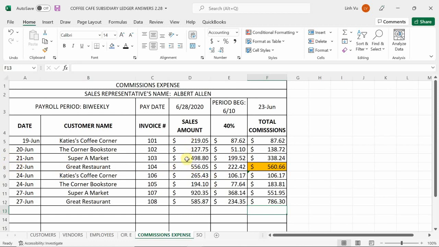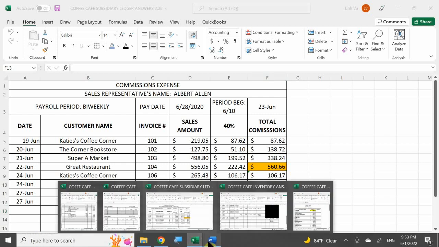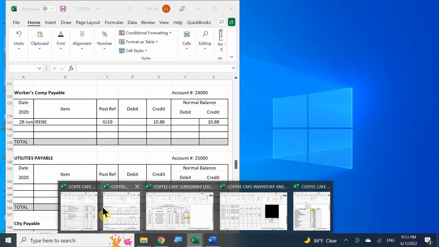So he gathered a grand total of all of these sales. Okay. So in this case, the total commissions that he's earned was a total of $560.66. So $560.66 was the total amount that we are subject to have to pay.